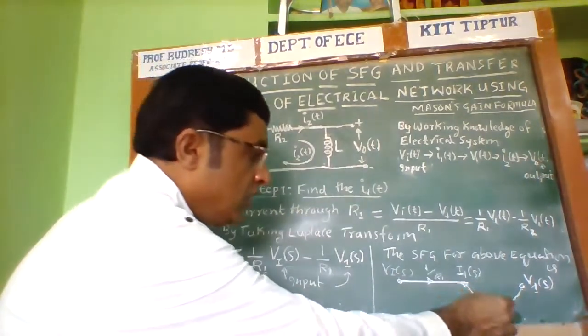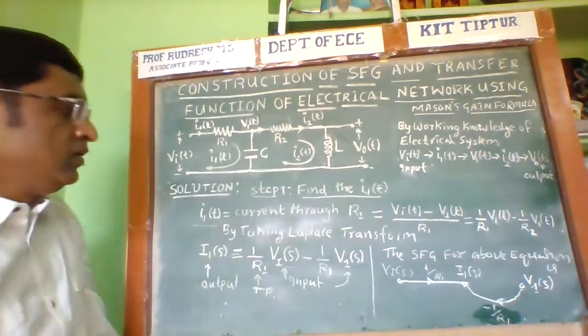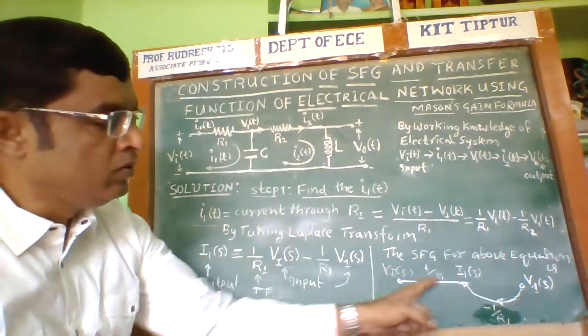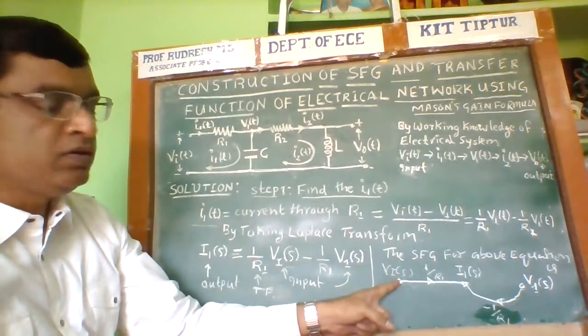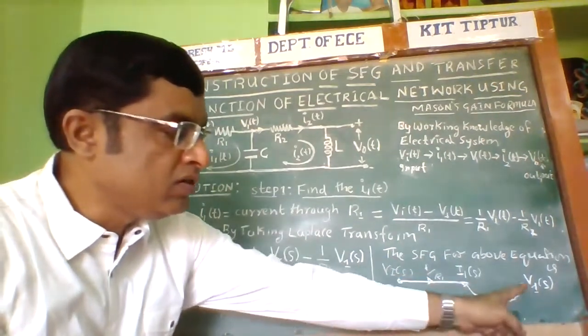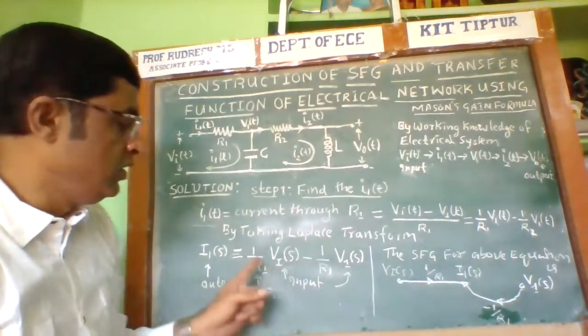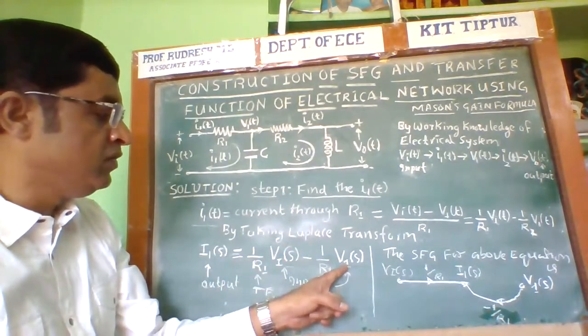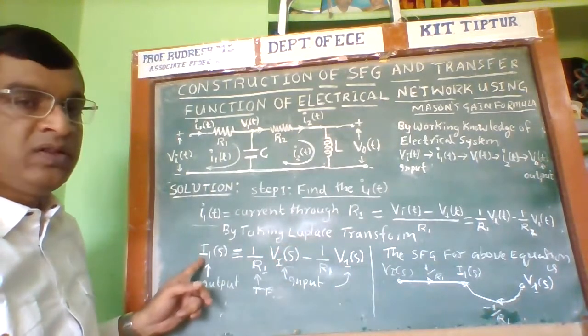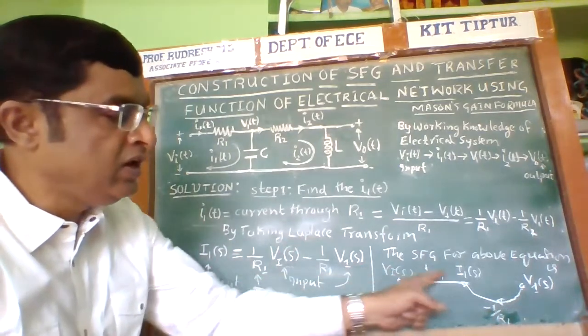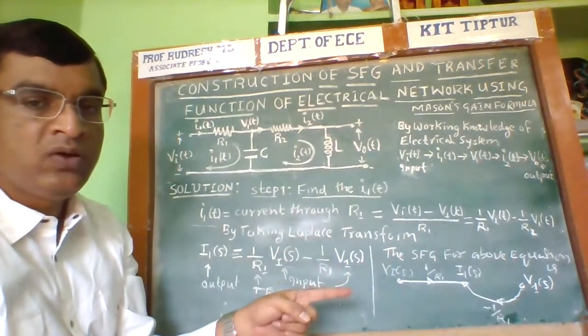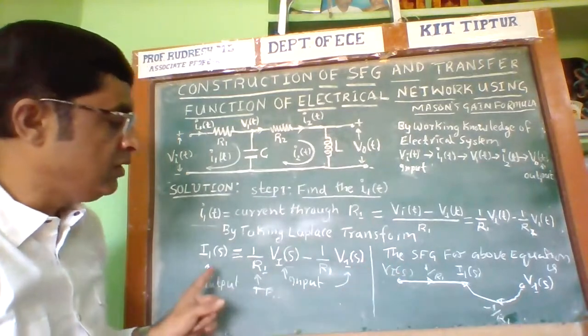Here, the signal at this particular node is equal to the sum of the signals from these two nodes. There are three variables here: V1, VA and I1. Therefore, we need to write three nodes and assign the variables to the nodes.